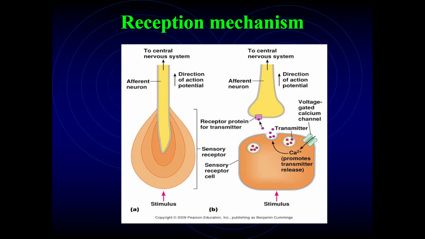In secondary receptors, you remember that the secondary receptors are very specialized receptor cells. Receptor potential causes the release of a mediator from the presynaptic terminal of the receptor cell.